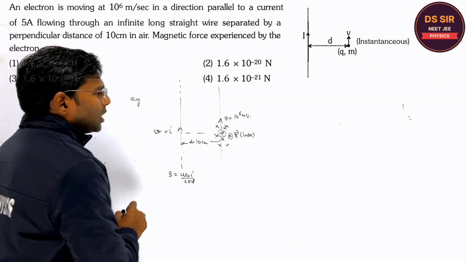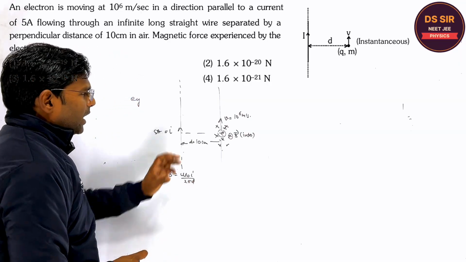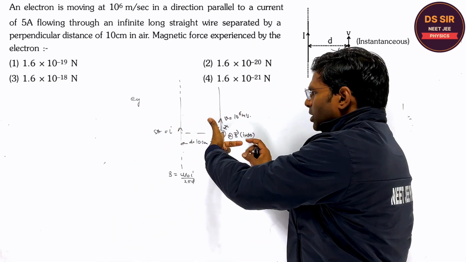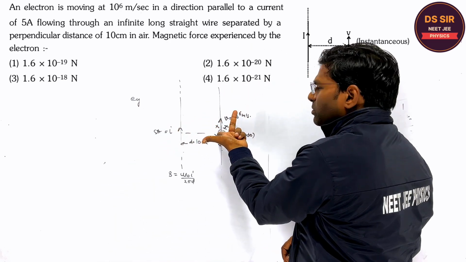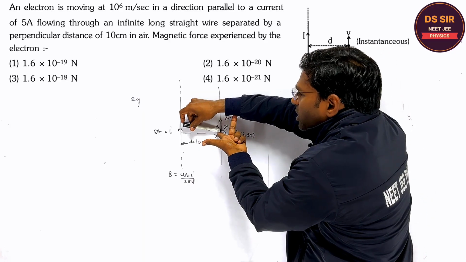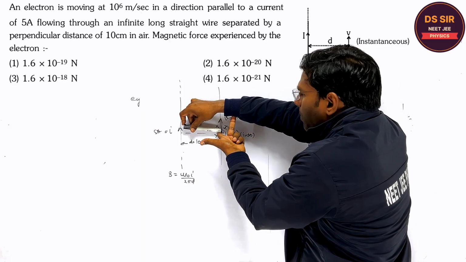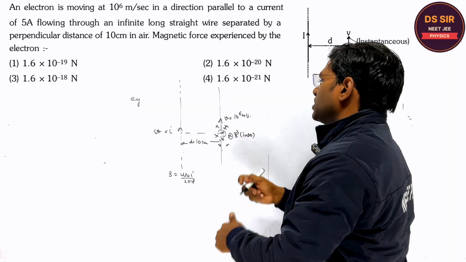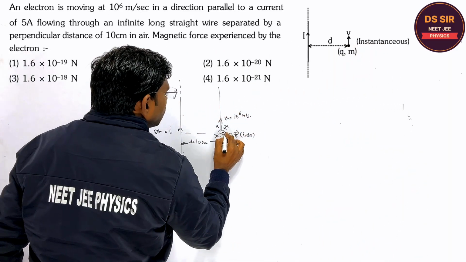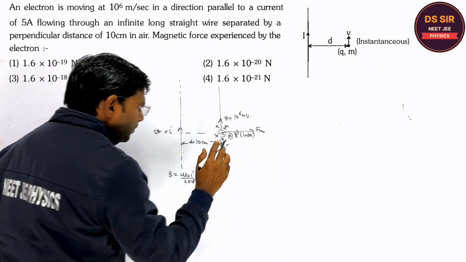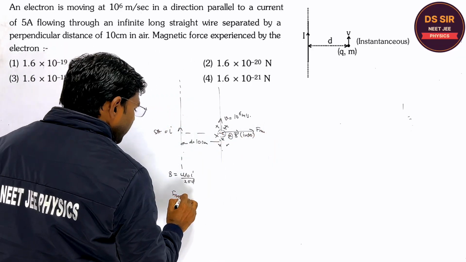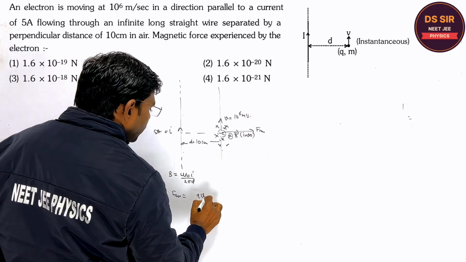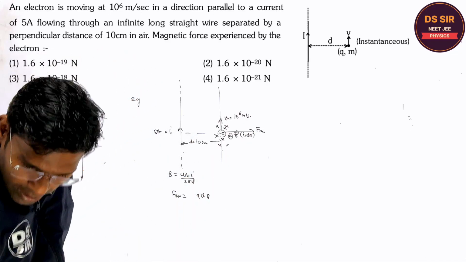Is it clear or not? Yes, sir. The magnetic field is into the board, the velocity is in this direction, so the magnetic force should be in this direction. But it is a negative charge, so opposite. Therefore, for this electron, the magnetic force will be in this direction, but the magnitude of the magnetic force will be qvB, right?